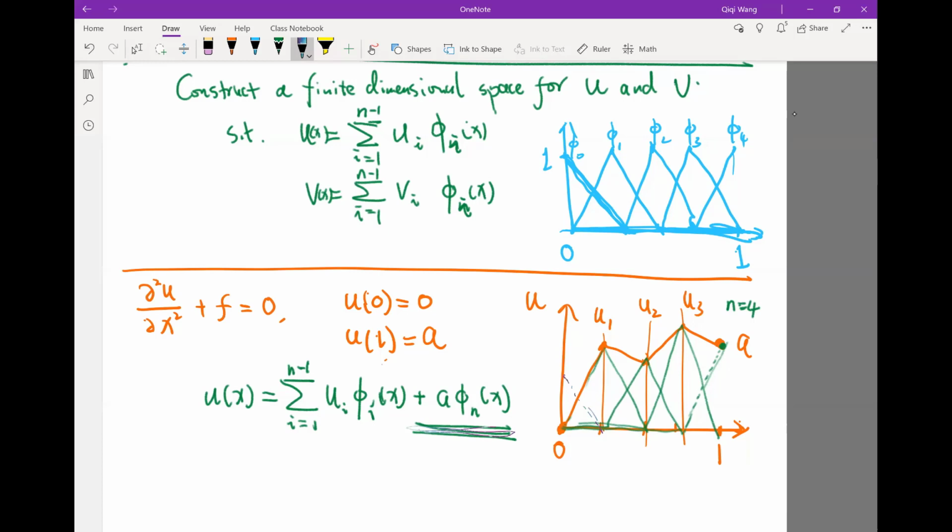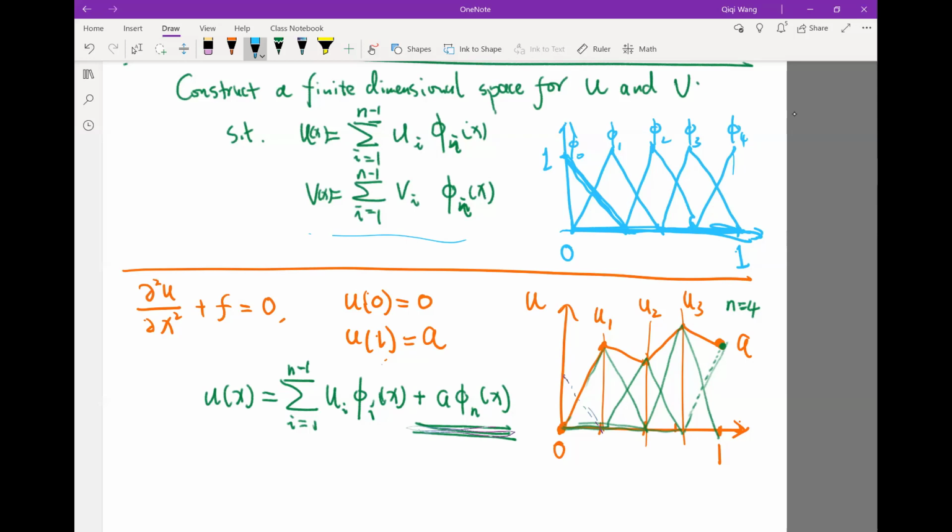Now let's discuss how we should modify our v correspondingly. It turns out we actually don't have to modify our v at all. This can be seen from two aspects. One aspect is that our v has to have however many degrees of freedom the unknown solution u has. In this case, did we increase the degrees of freedom of our unknown u?